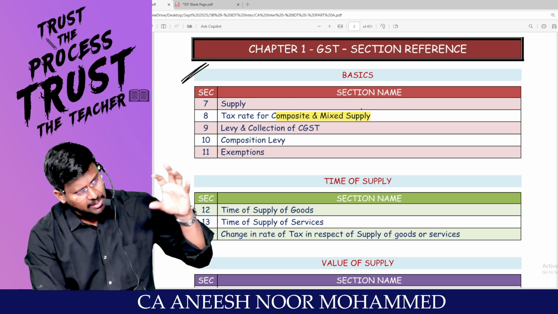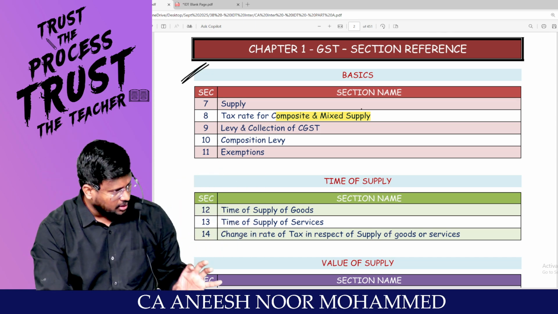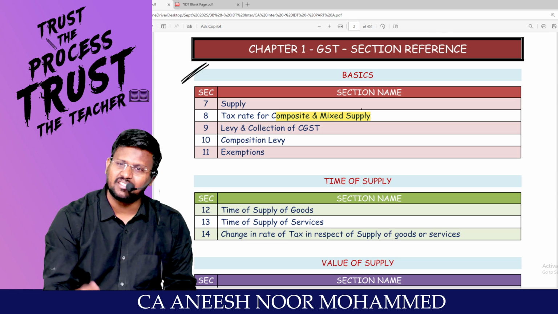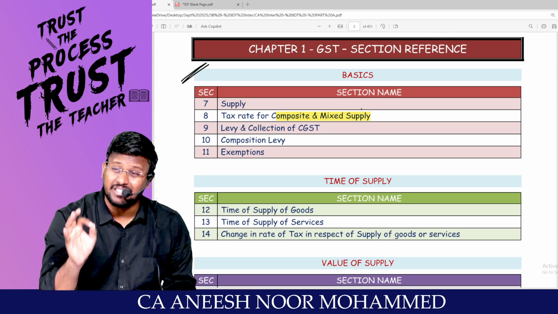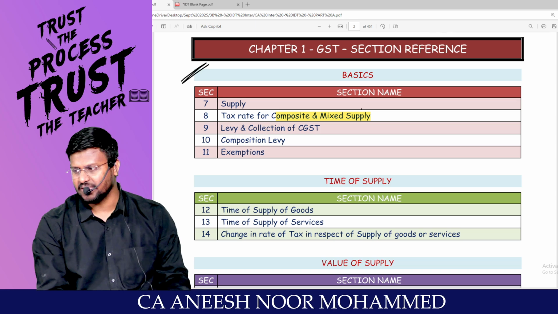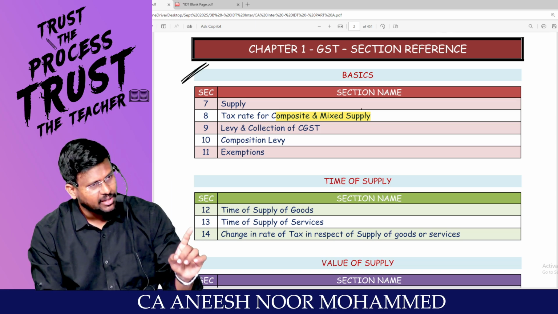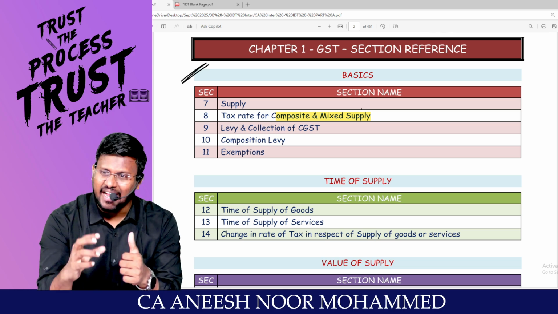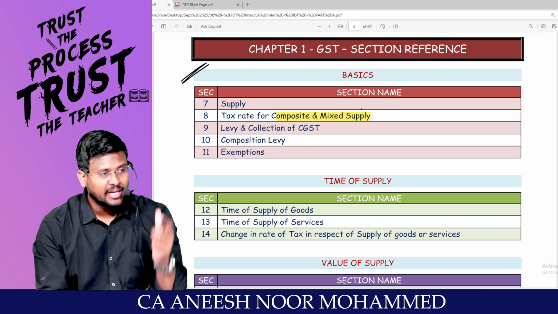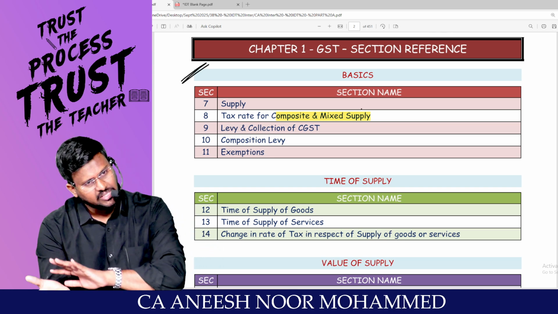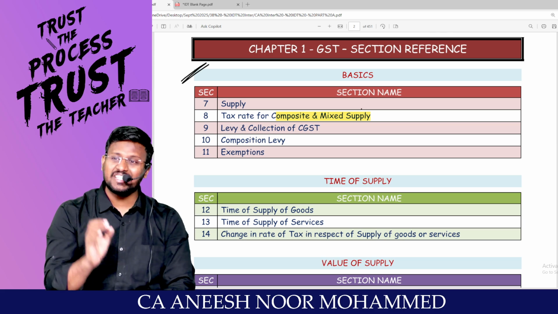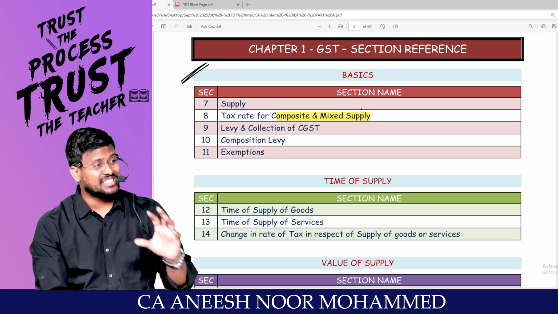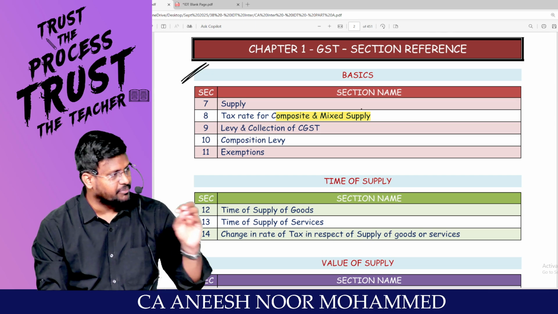For composite supply, a certain tax rate will be applicable, and for mixed supply, a certain tax rate will be applicable. That is expressed in section 8. So what is section 7? Supply. Once you have finalized an activity or transaction as supply, it has to be further classified into composite supply or mixed supply as per section 8, because the tax rate differs for composite or mixed supply.